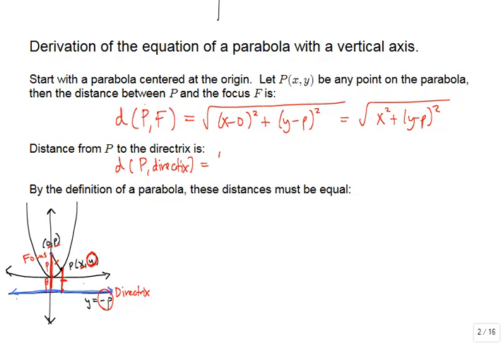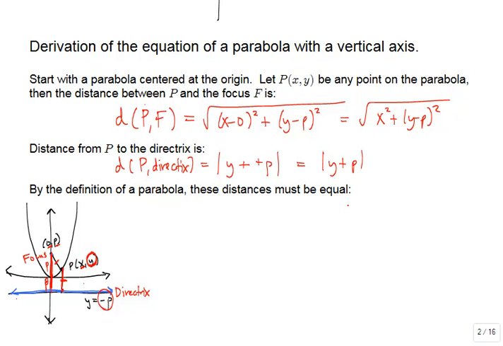And I'm going to use absolute values just to be safe so that we're making sure we're getting a positive distance. So again, it's just the height of our point P, which we called y, minus the height of our line, and its height was minus p.